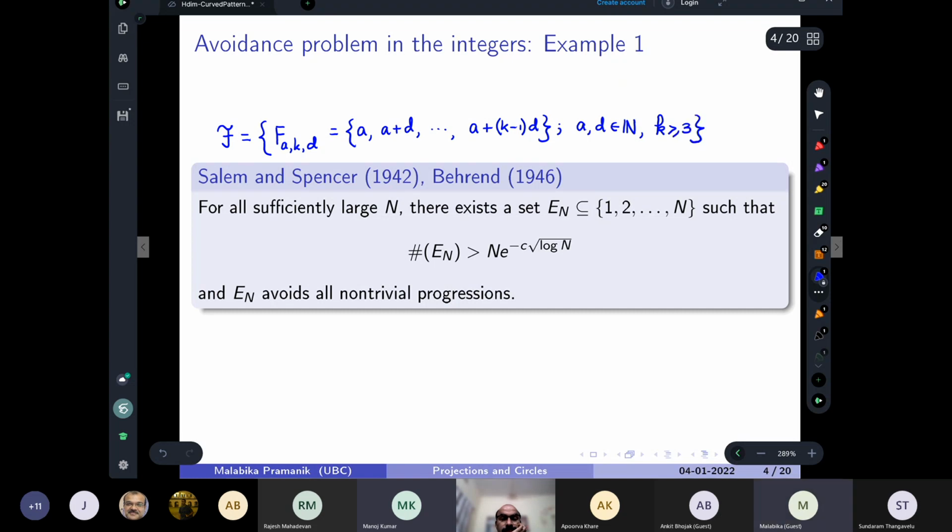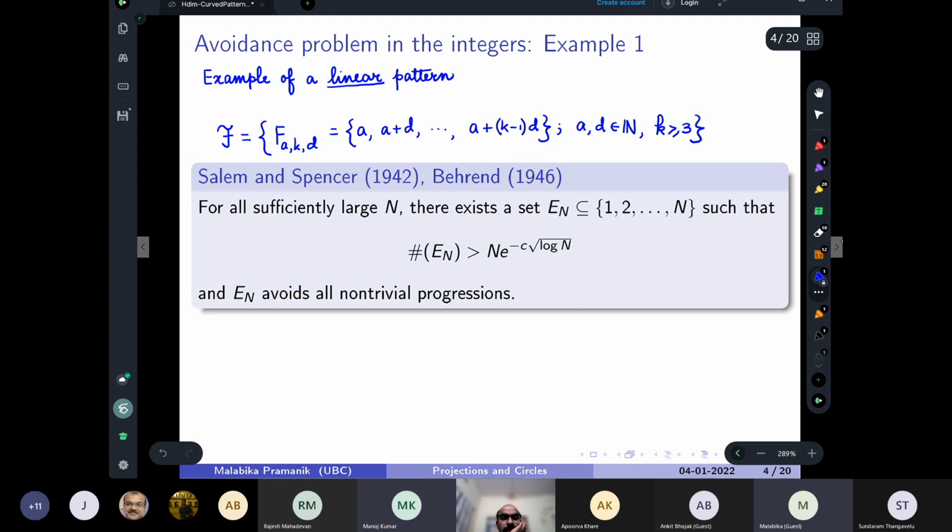And this is an example of what I call a linear pattern. And why linear?